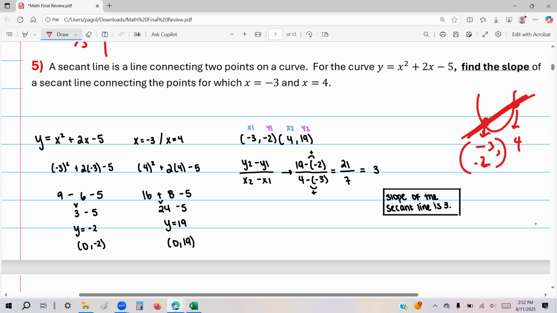Now when x is 4, 4 squared is 16, 2 times 4 is 8, minus 5. So 16 plus 8 minus 5, 19. That means when x is 4, our y value is 19. So we have x1, y1, x2, y2. Plug them into the formula and then simplify.